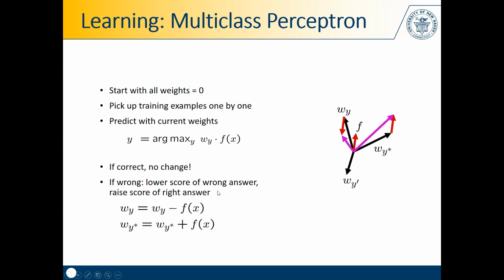And then we raise the score of the right answer. The weight vector of the correct class is then increased through this vectorial addition with the feature vector. Does this work? Again, in general, no, there are no guarantees that it will converge to the optimal answer. But in general, the more iterations that we have, the closer to the optimal answer our model becomes.